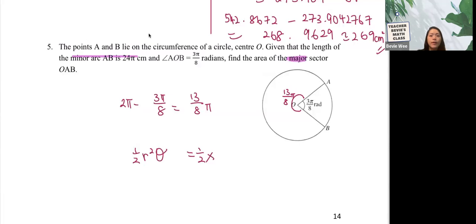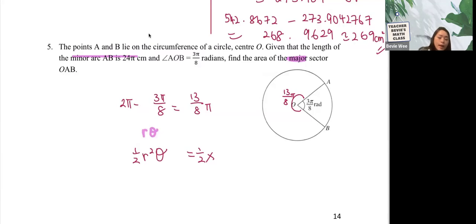Arc length. What formula? R theta. Correct or not?